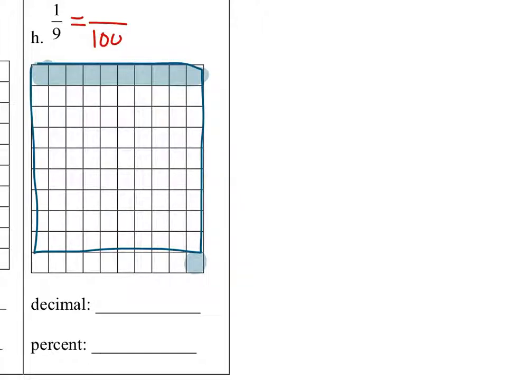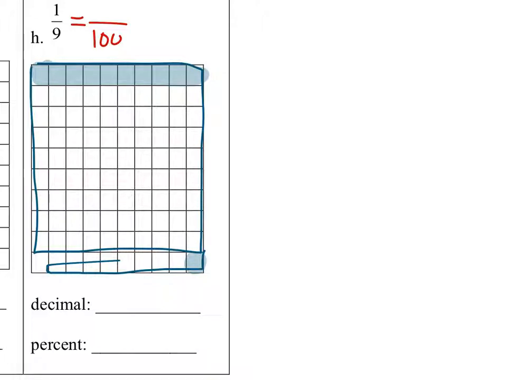Well, then I split this last one, what I have remaining, up right here. And I filled in 1 out of those 9. But then I've got 1 more square left, and I've got to fill in 1/9 of it. So that's what I can do. I would fill in 1/9 of it, which is something, well, that's kind of big.